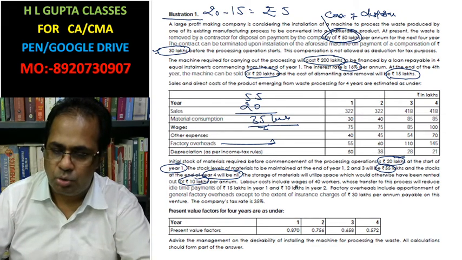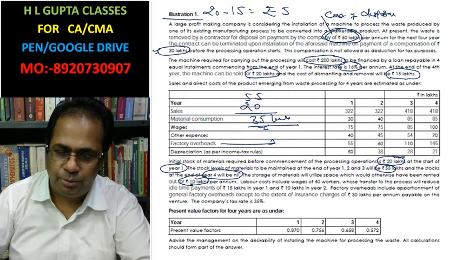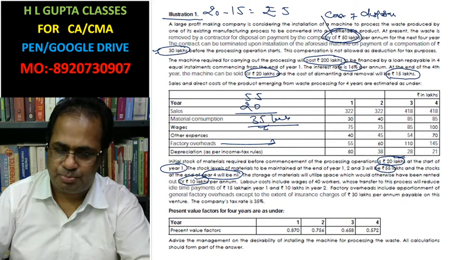Labor cost includes the wages of 40 workers who are transferred to this process. Idle time cost is 15 lakh in year 1 and 10 lakh in year 2.